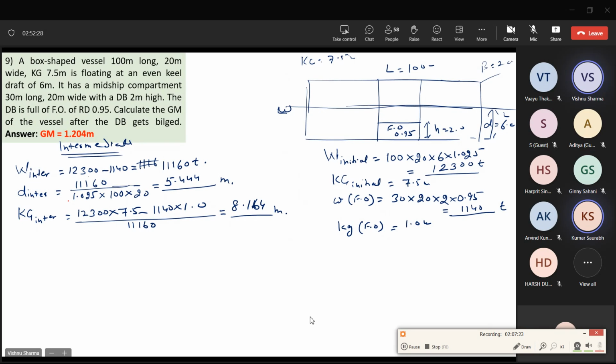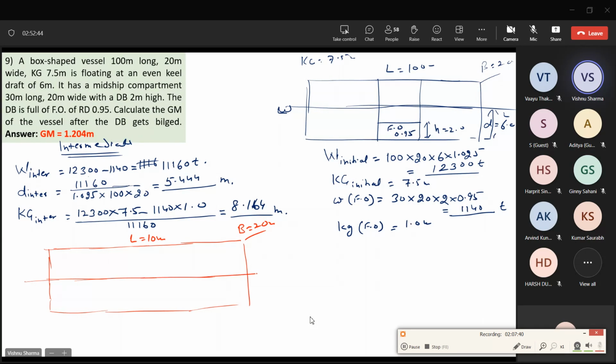Now I am drawing the ship in the intermediate condition. My ship is like this, 100-meter long, 20-meter wide, now floating at an even keel draft of 5.444 meters.